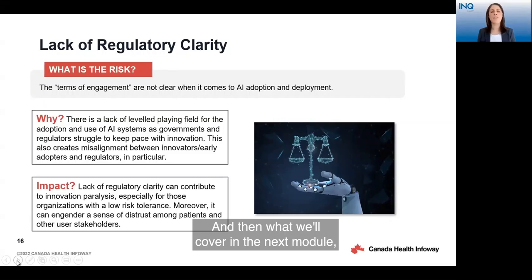And then what we'll cover in the next module next week will be exactly the nature of the governance strategy that you may be putting in place and specific guidance around what that looks like.